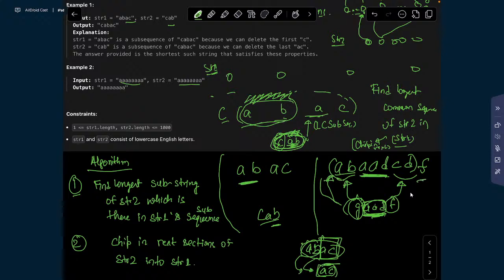Let's say it was AADEF, GAADEF. So we found that this particular subsequence is already there in this one. Make sense? Now we have to chip in the values, which we can just do directly. Otherwise we have to chip in E and F separately. That will become a separate problem.